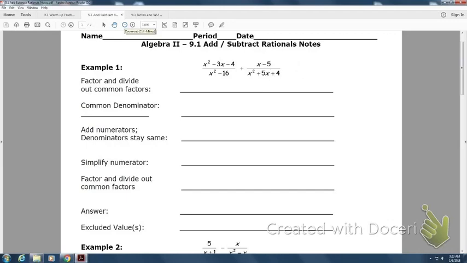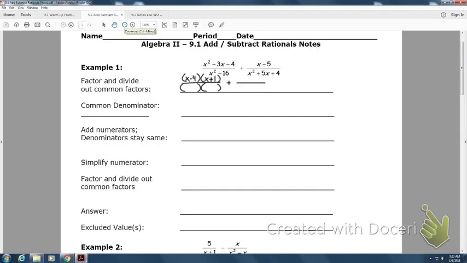So this very first one: what factors of negative 4 add up to negative 3? Negative 4 and positive 1.